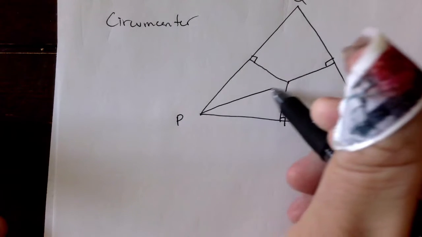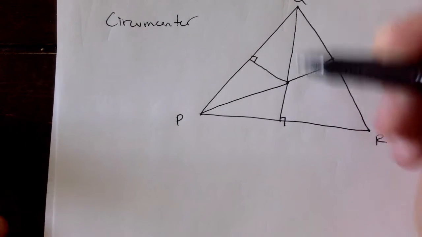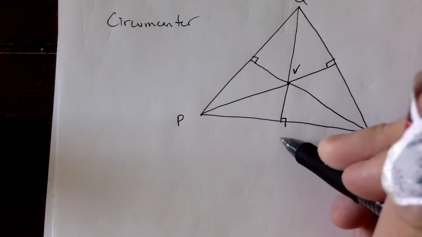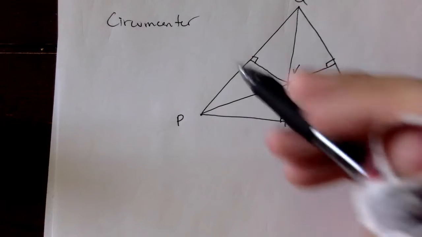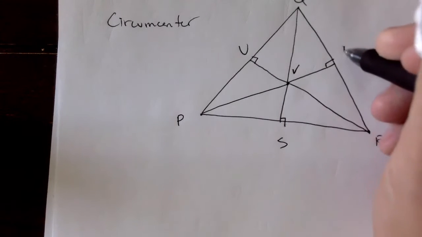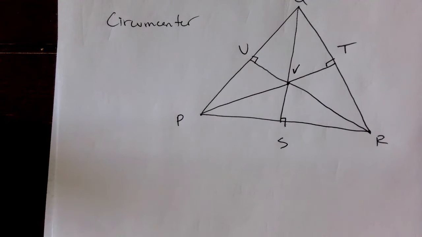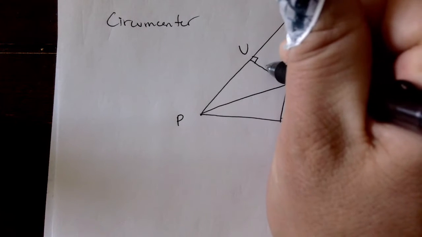From each one of these is another line, and this is V. Okay, it says there, consider the triangle PQR in the figure below. All three of these are perpendicular bisectors. This is U and T, TV, SV, and UV are all perpendicular bisectors. And then it goes ahead and starts to give us some information. UV is 54.